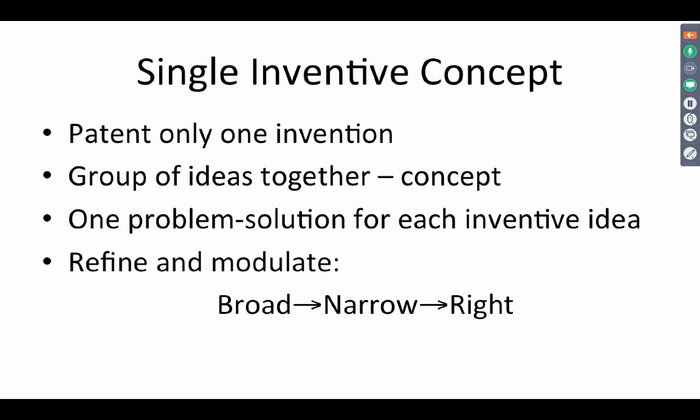Once you identify the problem solution statement, you describe the problem and say that the problem of X is solved by the invention Y. The problem of writing on rough surfaces is solved by the invention involving a spheroidal marking point. Then you would look into the prior art and refine and modulate this problem solution statement. You will try to broaden it, you will try to narrow it down, looking at the prior art till you get it right.